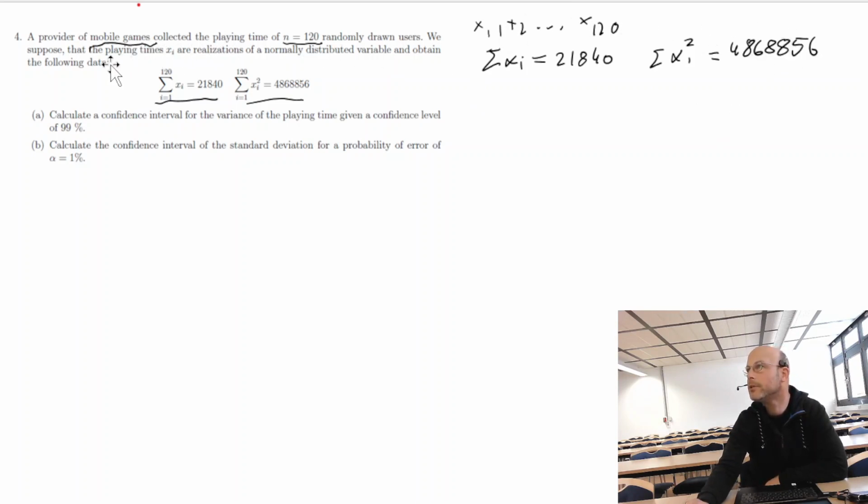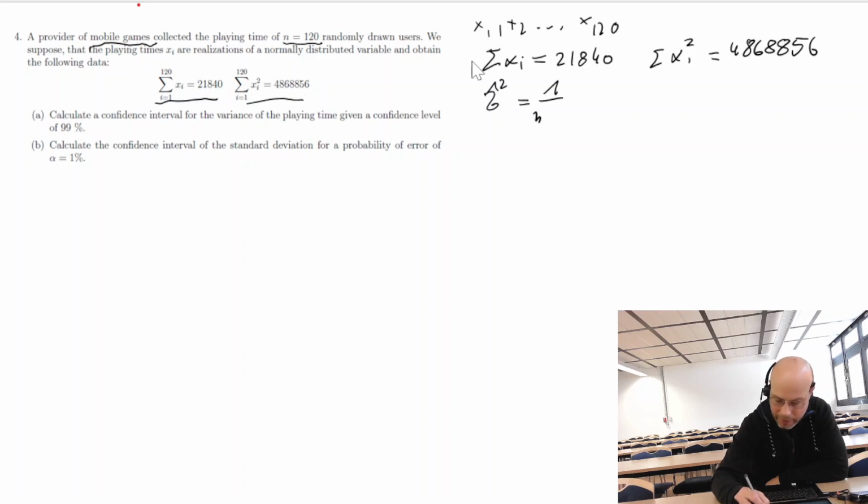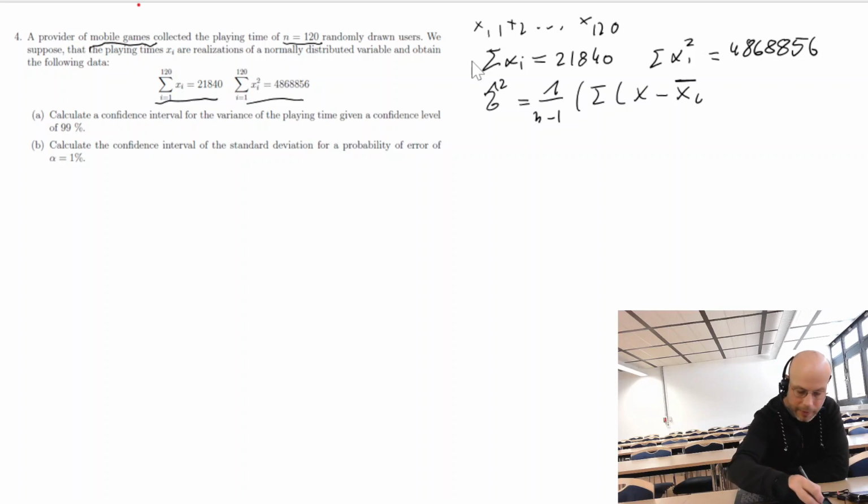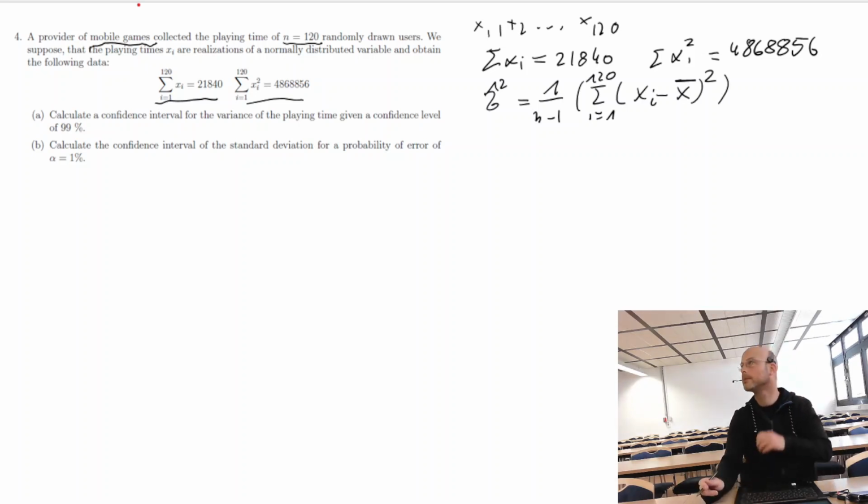I should have written in the exercise that we want to take the unbiased estimator for the variance, which we have shown is 1 over n minus 1 times the sum over the squared deviations from the mean, i from 1 to 120.